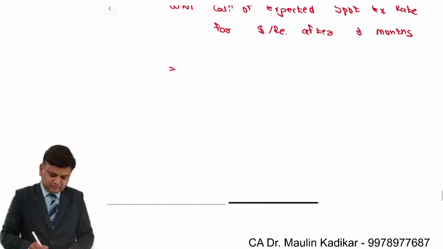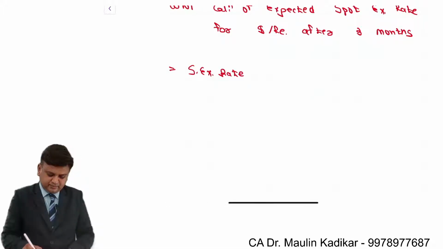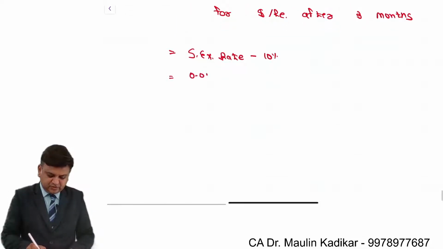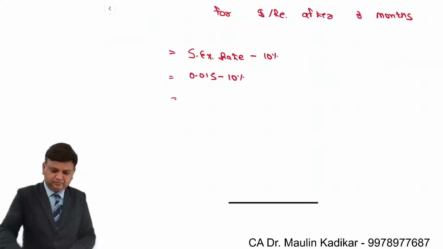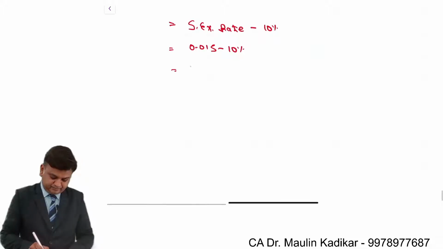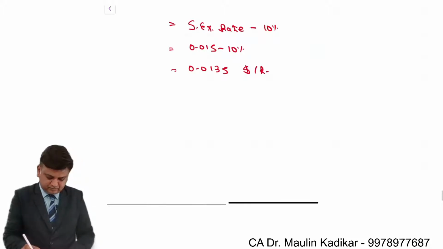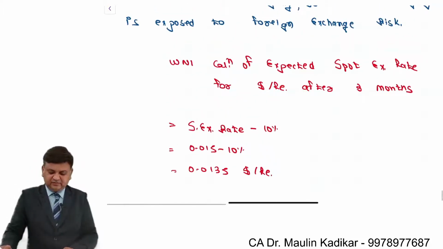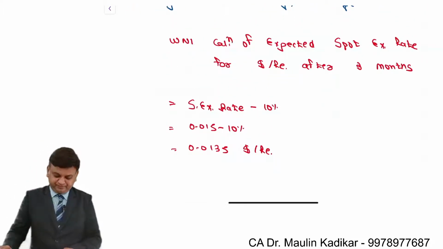In that write down spot exchange rate minus 10 percentage. So it will be 0.015 minus 10 percentage, 0.0135. This is the way we have the first working note.